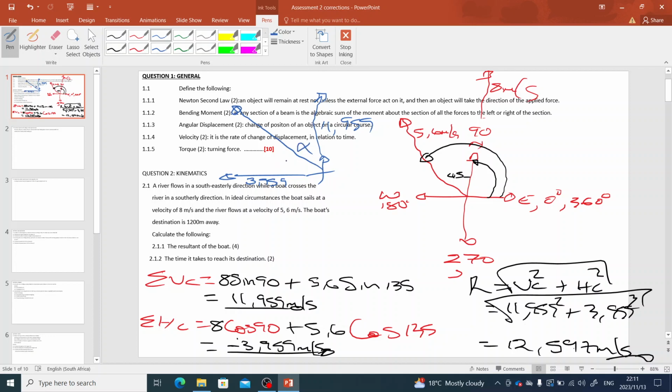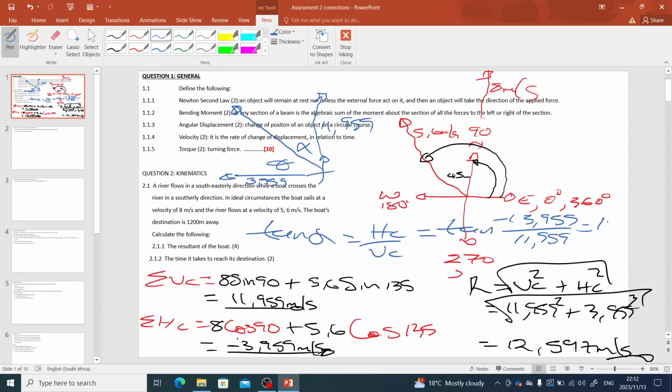Whether you determine alpha or theta, it doesn't matter. You will still apply the given principle. You start with the cardinal point closest to the vector first. In this case, I will determine alpha. In determining that, we will be using tan alpha equals horizontal component over vertical component. Then it will be the inverse of tan of 3,959 divided by 11,959.